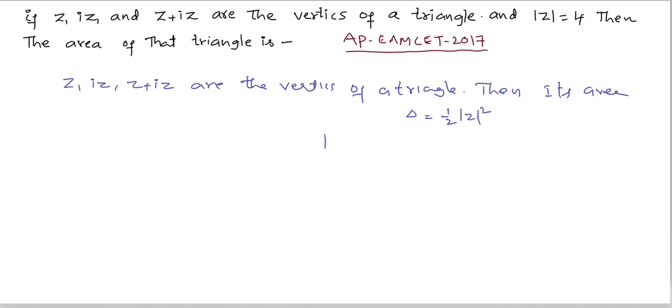Here it is given mod z is equal to 4, therefore area delta is equal to half into mod z square, 4 square by 2, equal to 8. The area of the triangle is 8.